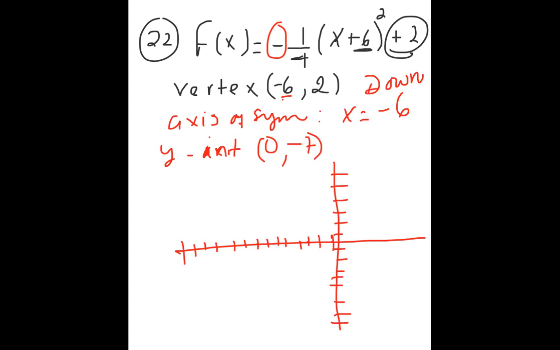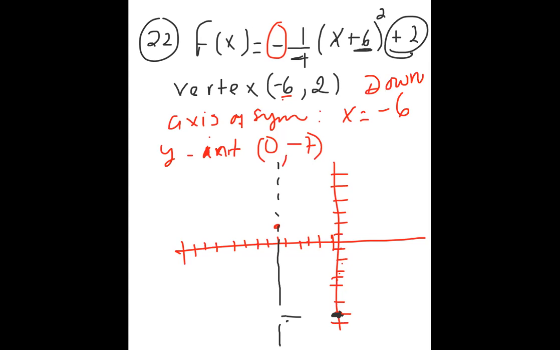Negative 1, 2, 3, 4, 5, 6. And the vertex is right there. Now, the y-intercept is at (0, -7): 1, 2, 3, 4, 5, 6, 7. Right there. So here's why I needed more space. My line of symmetry, let me use a different color and sketch it, is right here through the middle of the graph. This point is on the right side of the line of symmetry, 7 units away.